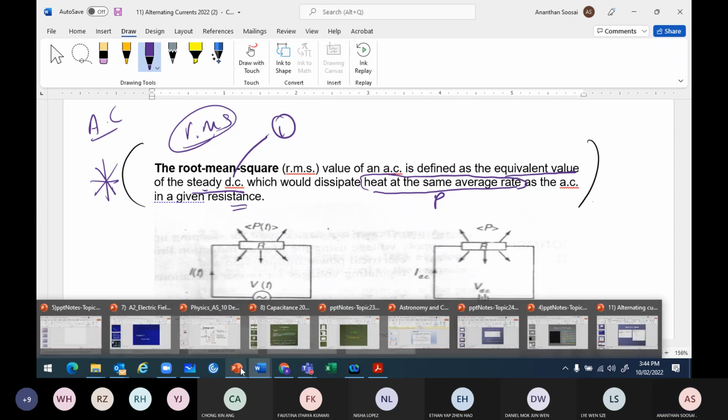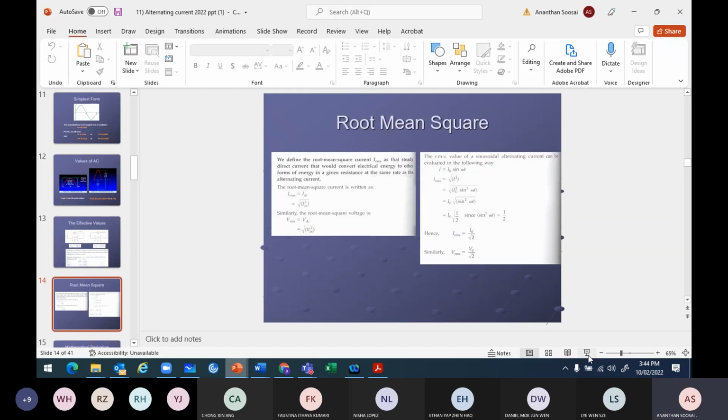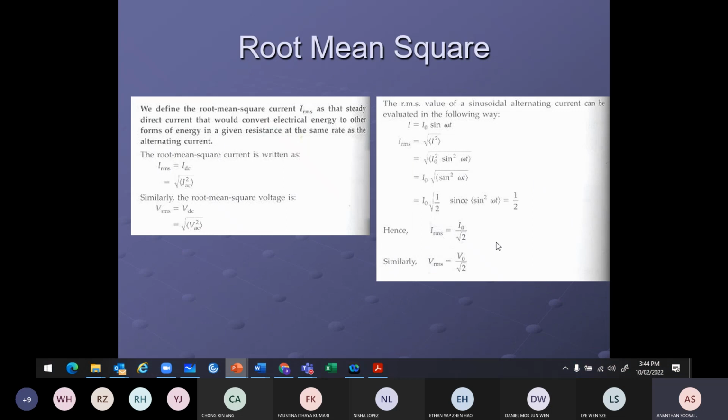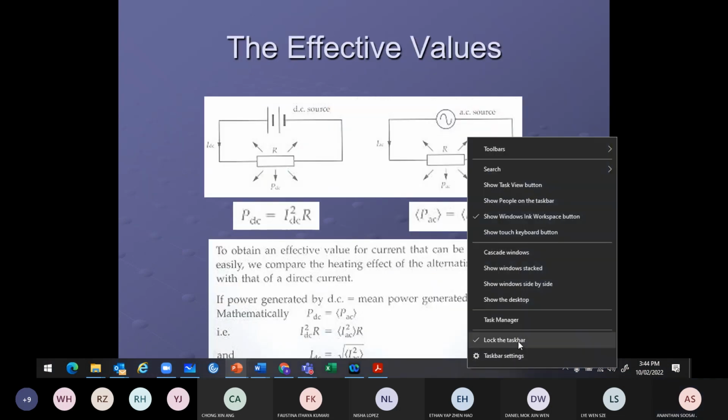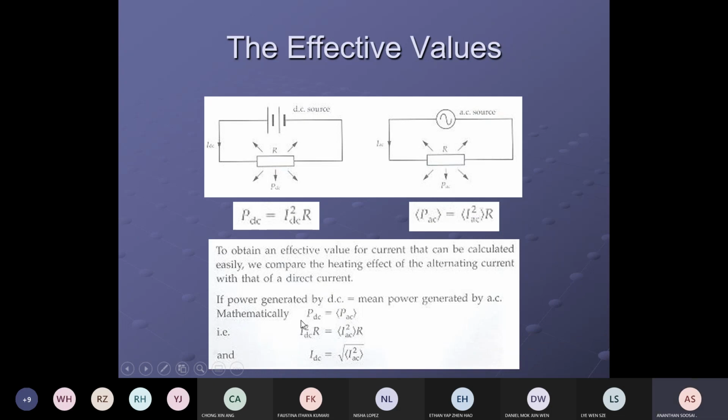So how did they get this? I go back to the early slide. Makes sense, right? The RMS value of alternating current is a value equivalent to the direct current which dissipates the same rate of heat across a fixed resistor.